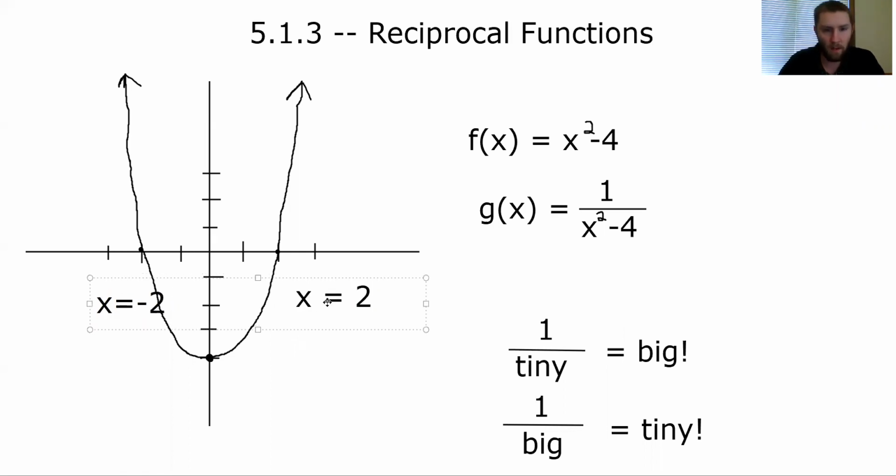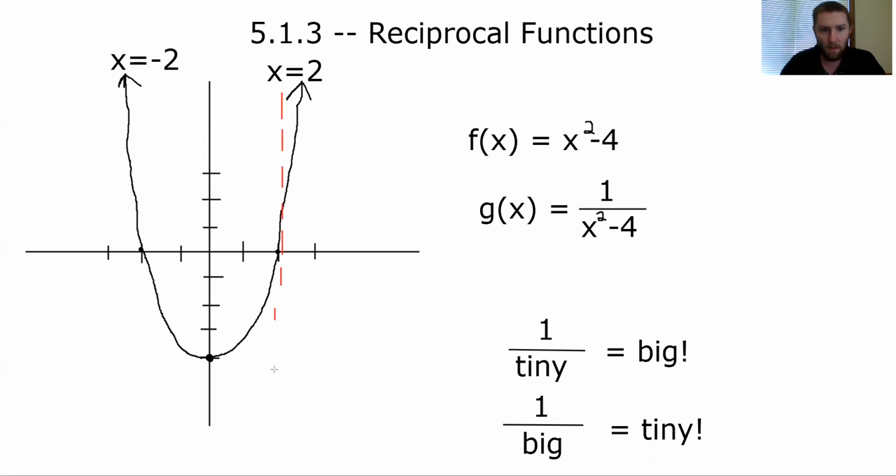X equals -2, x equals +2 are both, let me move that so I can get this a little bit better. Okay, x equals 2, x equals -2. These are going to be the 2 asymptotes that we need to list for part A. And I'm going to draw for myself those vertical dotted lines in red, just so that we can see on the graph where these vertical asymptotes are.